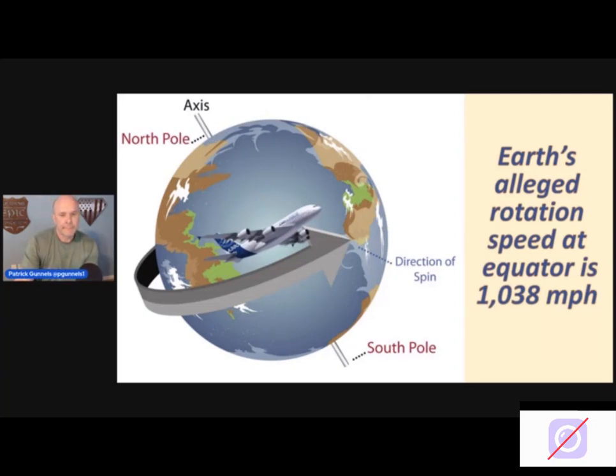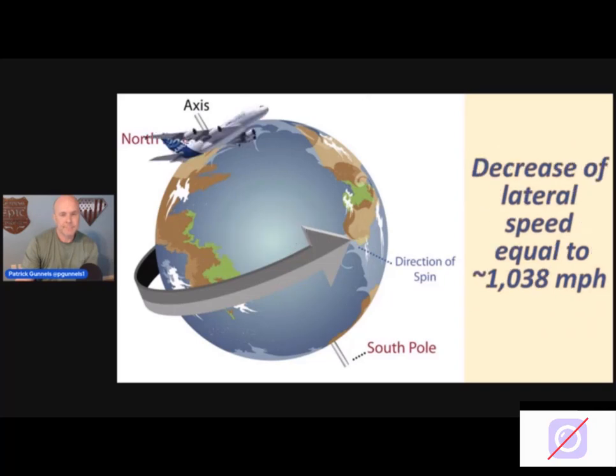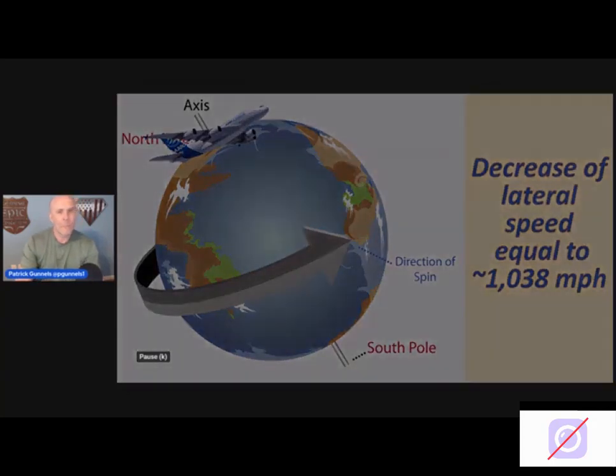A plane taking off from the equator is carrying 1,037 miles per hour angular lateral momentum and must somehow lose over 1,000 miles per hour of that angular momentum in order for it to land safely at the North Pole that is again only moving at a quarter of a mile per hour.